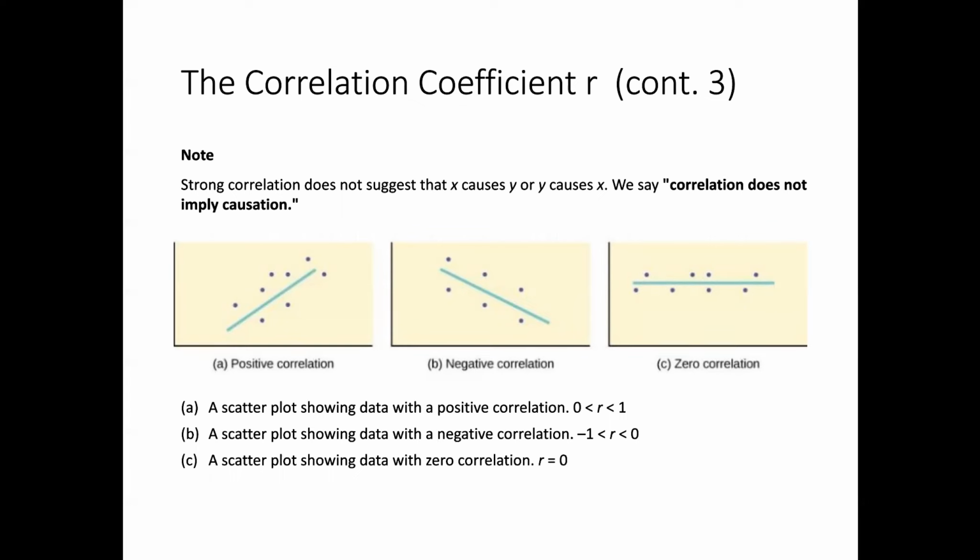And if there's no correlation at all, R is 0, which means y doesn't depend on what x is. A horizontal line, y doesn't care what x is. A horizontal line, y is constant. It doesn't matter what the independent variable is, y is a constant.